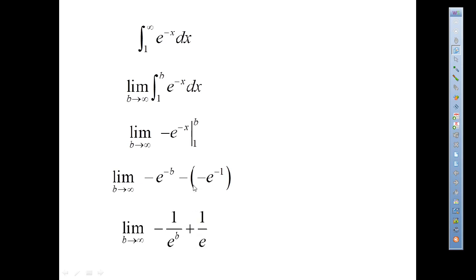When we simplify this a little bit before the limit, we get negative 1 over e to the b plus 1 over e. Well, this first part is going to go to 0, because 1 over e to a power that's getting larger and larger is 1 over a bigger and bigger number, which means it's actually getting to be a smaller number overall. So this part goes to 0, and we end up with 1 over e as the limit of this thing.